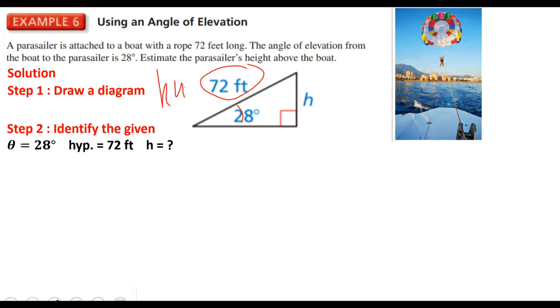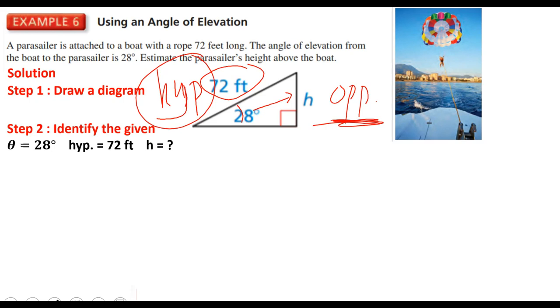Let's try to identify now what is h. Is it the opposite or adjacent? So this is your reference angle. Look at that. It's in front of it. So the side we are solving, which is the height, is in front of your reference angle. So meaning that is your opposite side.